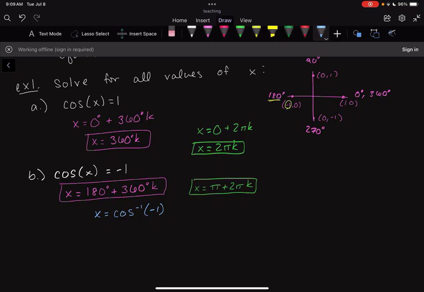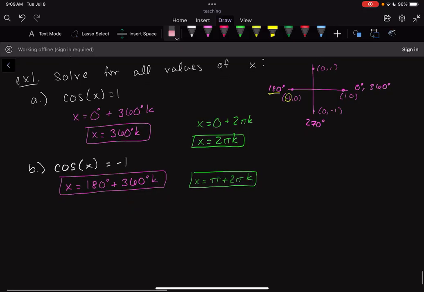The issue is it can't tell you about the whole plus 360k part of it. So you want to be careful about that. I think it's best to just think through them. But sometimes if this is not something that you're used to seeing, if it's kind of a weird number or something like that, it may be helpful to use the inverse. And I'll do an example like that.